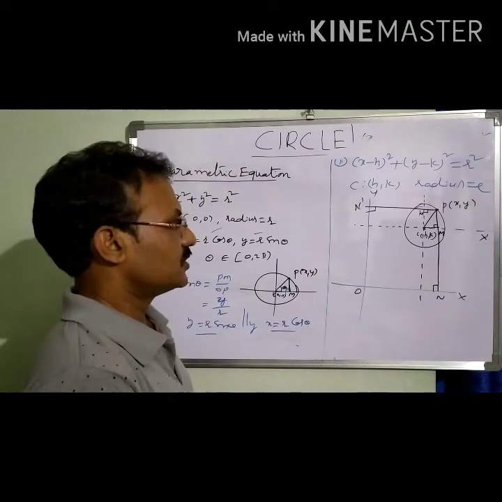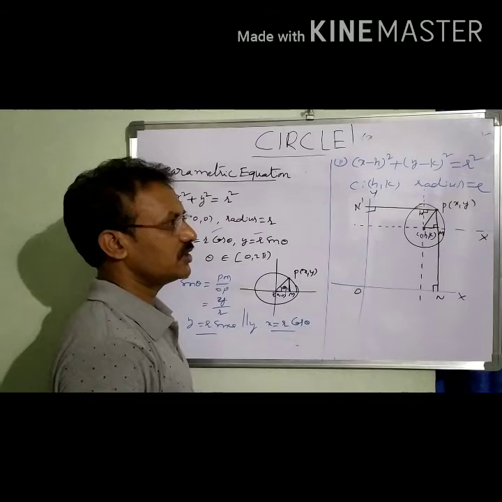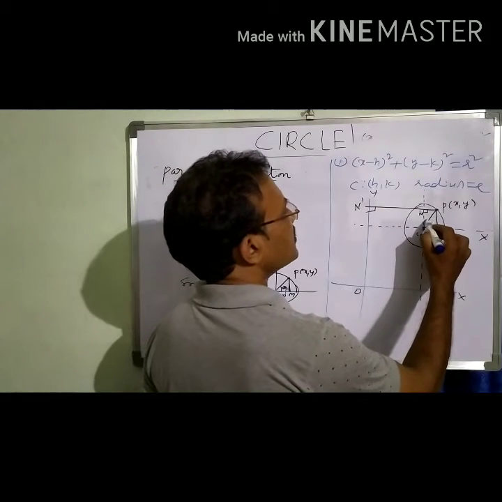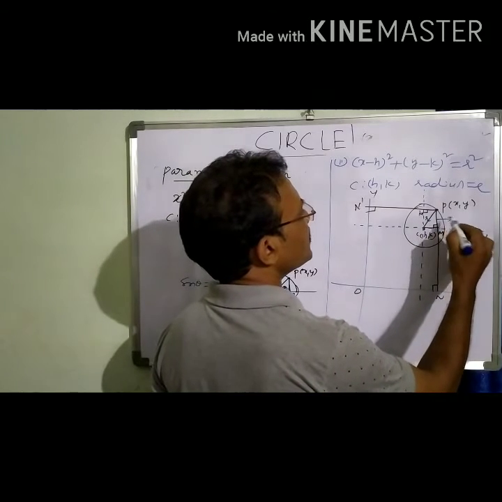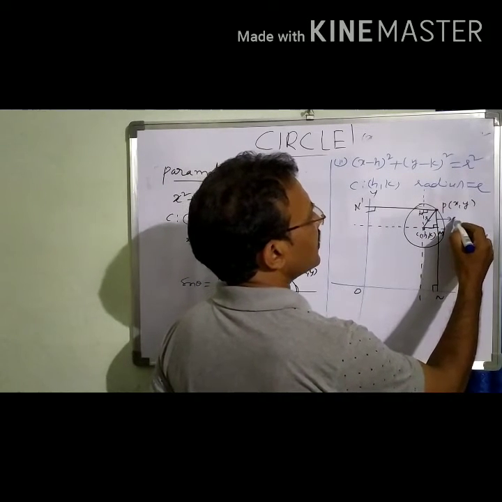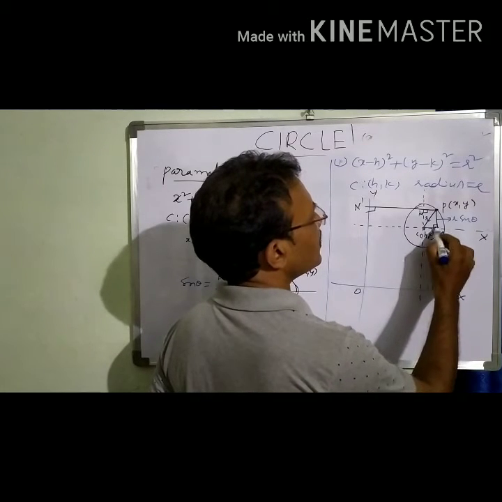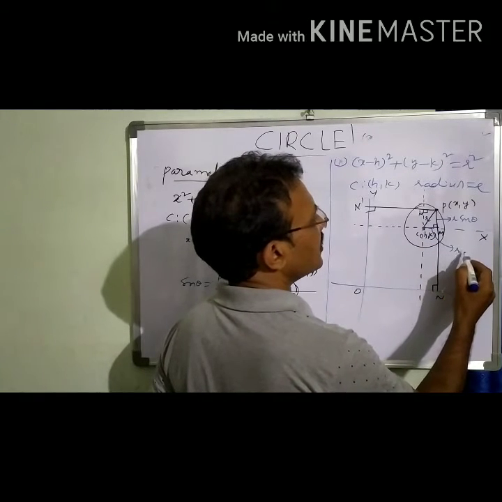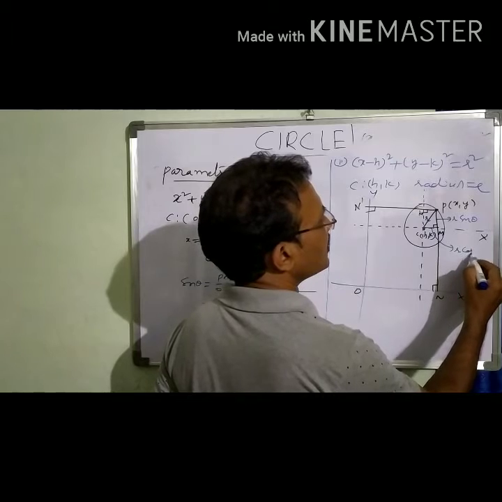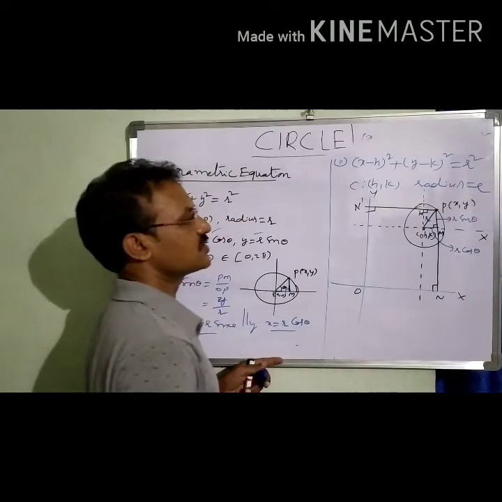From this triangle we observe that the radius is r, PM is equal to r sin theta, and the length CM is equal to r cos theta, similar to the previous case.